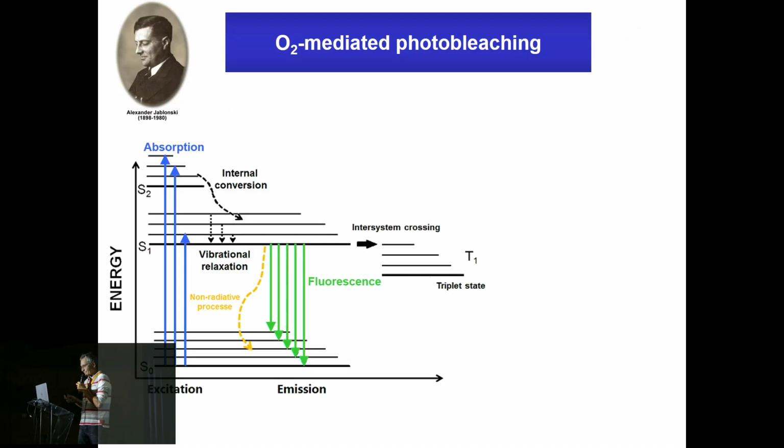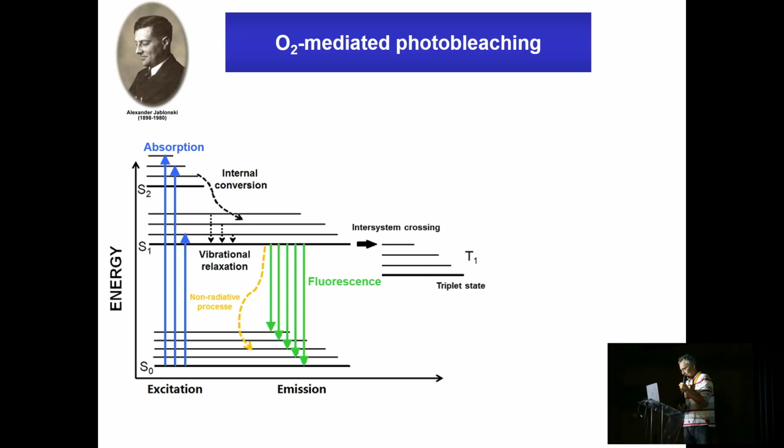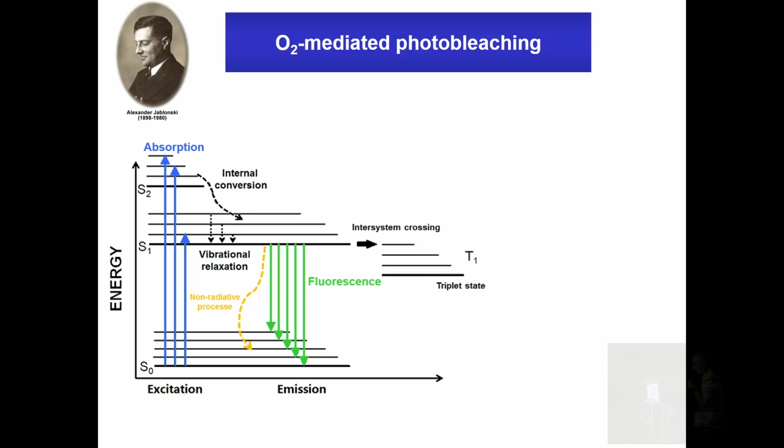I'll show you a little bit what can happen during photobleaching and the relation of this with oxygen, which is a very important aspect when people try to photostabilize fluorophores. So I come back to this Jablonski diagram and this notion of the triplet state, which is a gate for photochemistry.